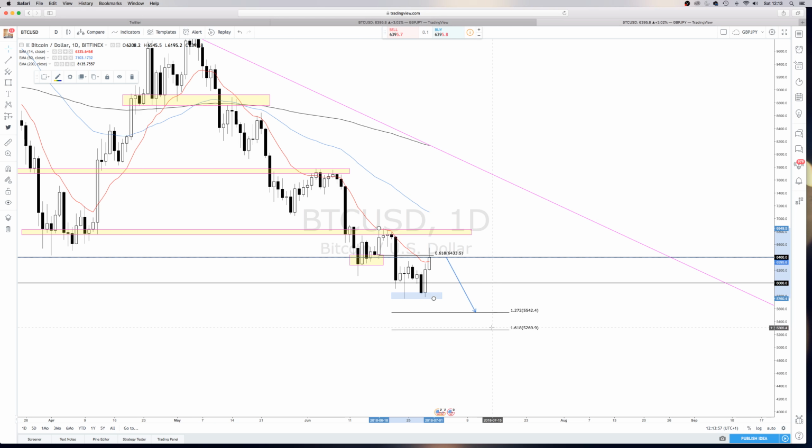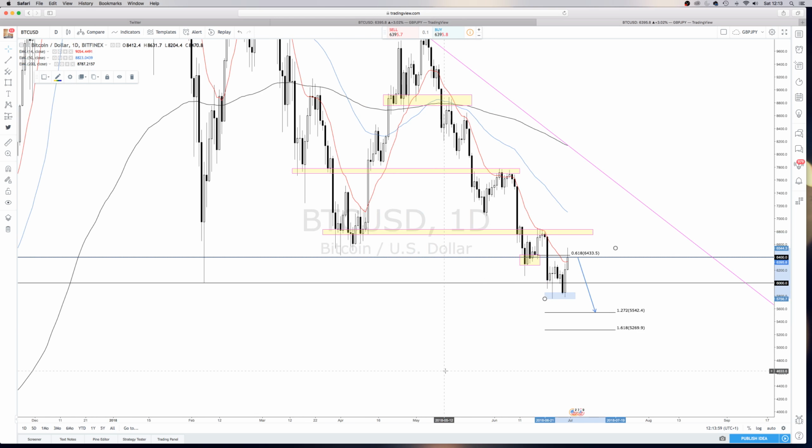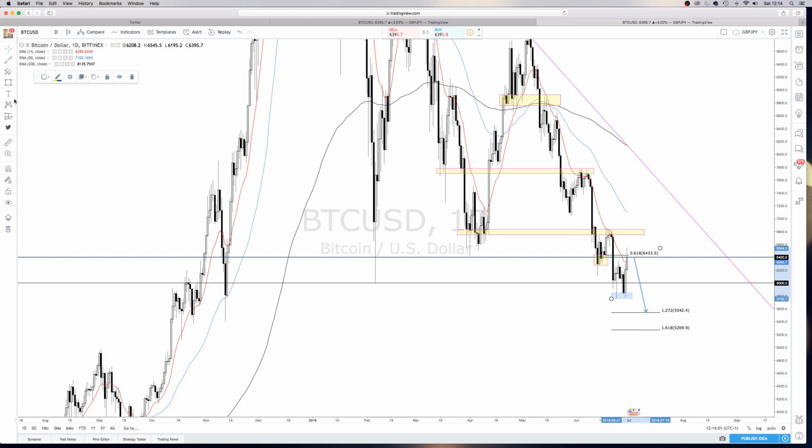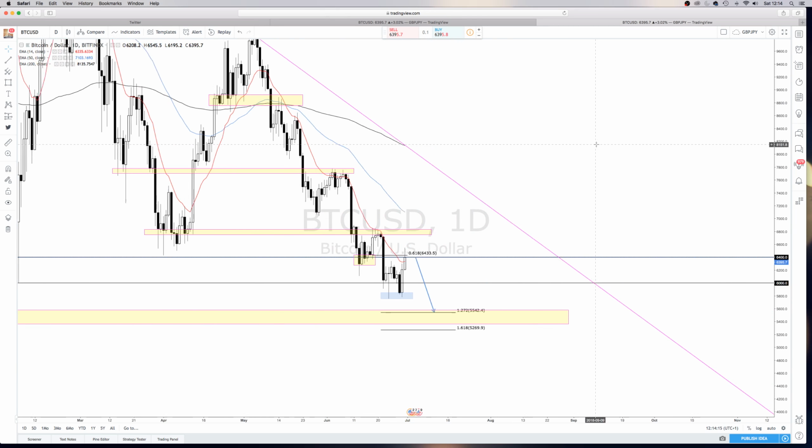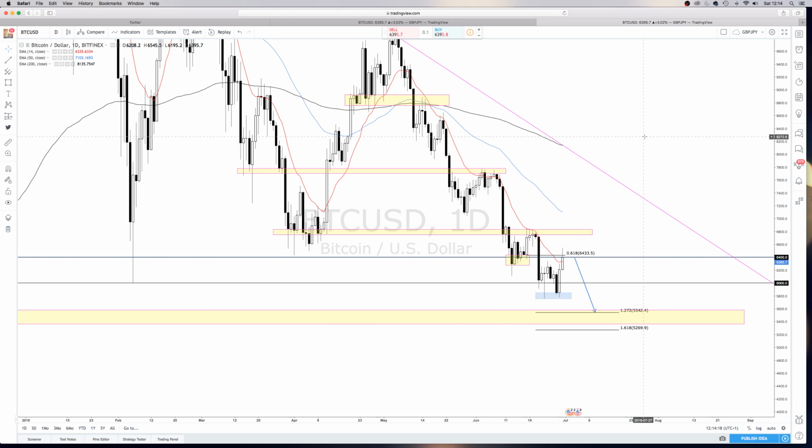But looking at an inversion, I think the next level of structure, looking left, where price could push down to, is going to be sort of these wicks here. So we've got this whole zone, really, where price could push to. And we're just going down and down and down. I mean, the EMAs are not really giving too much indication.